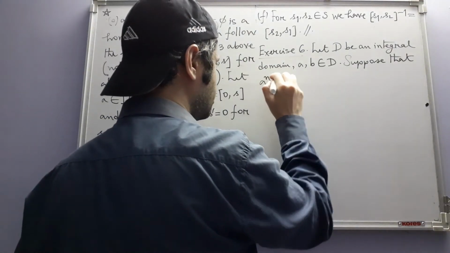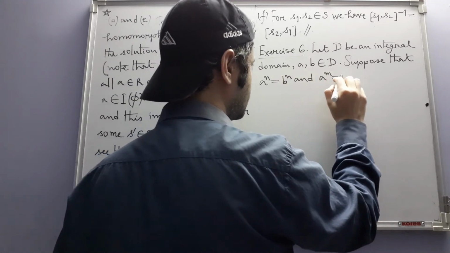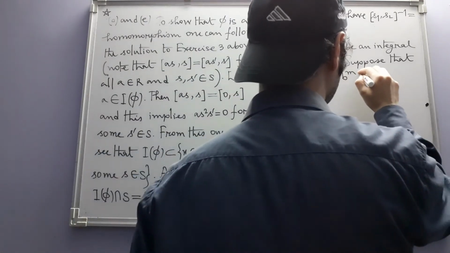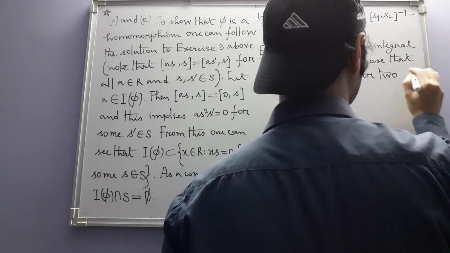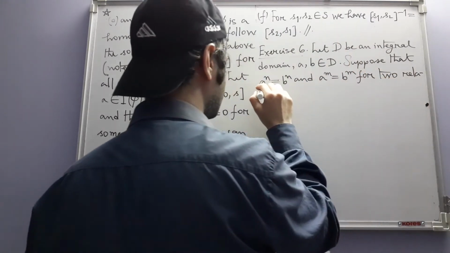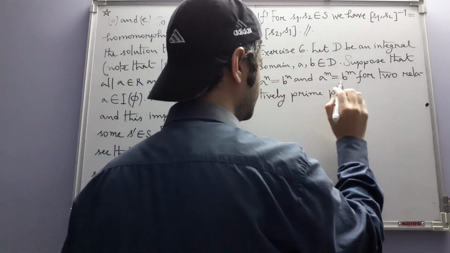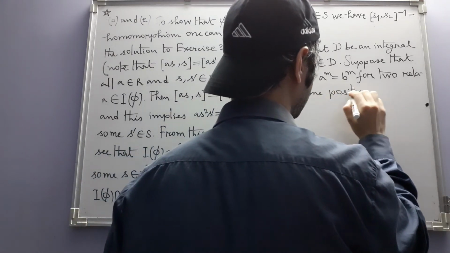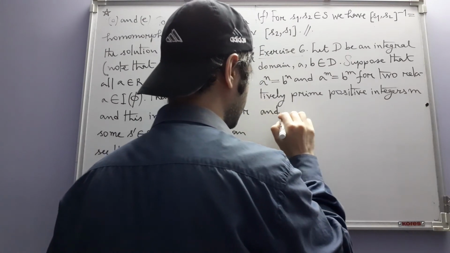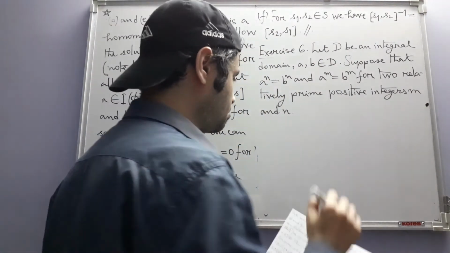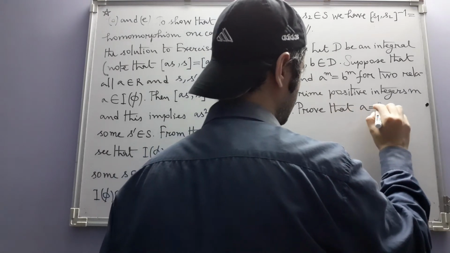Suppose that A to the power m is equal to B to the power m and A to the power n is equal to B to the power n, for 2 relatively prime positive integers m and n. Prove that A is equal to B.